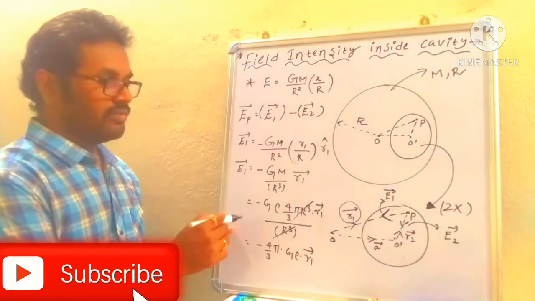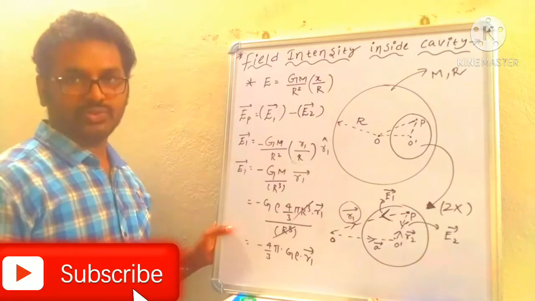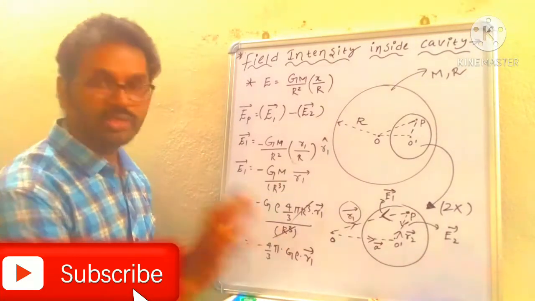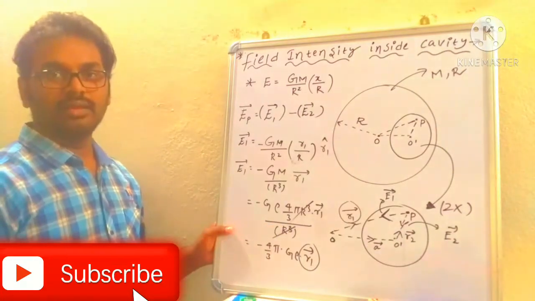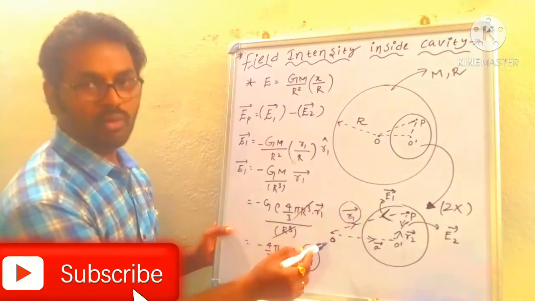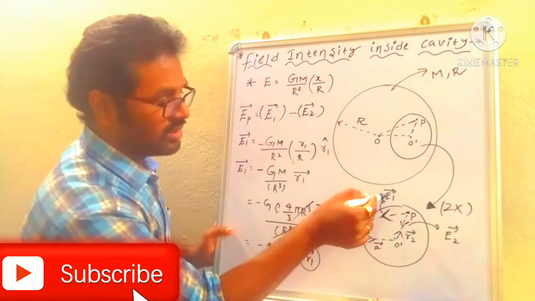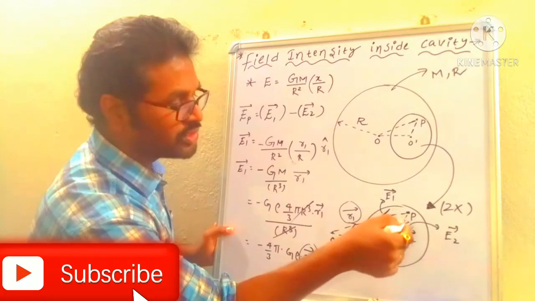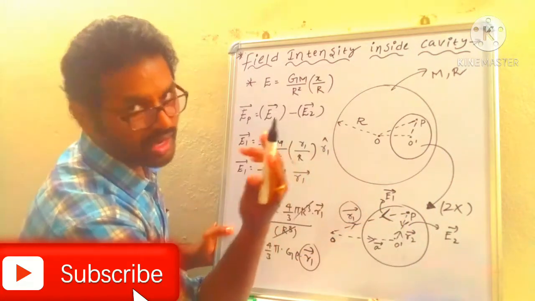So with this, we can directly write the equation for E2 bar also. Because 4 by 3rd pi is constant, G rho is also constant, only the position vector changes. So if you know the position vector to this point from O, with distance R1, we get E1 bar. Similarly, we can find E2 bar because we know the position vector to this point from O dash, which is R2 bar.